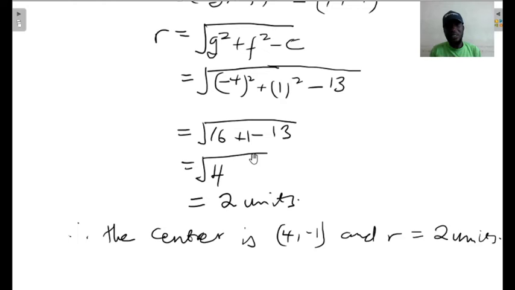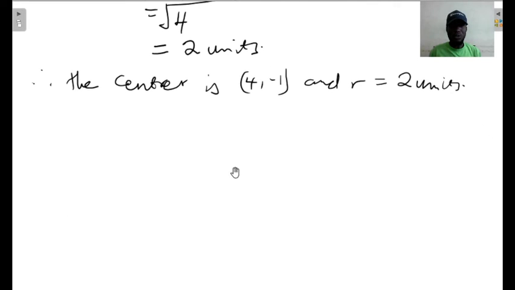So let me just work this second question quickly by using completing the square, so that you decide whether you should use the general form straightforward or change it to the standard form by completing the square before you work. So I'll use that as the alternative method to this one.